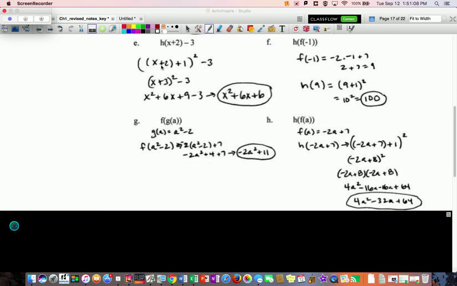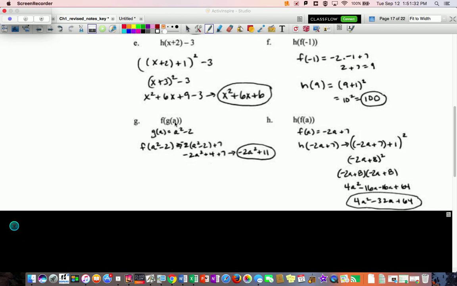So this x plus 2 only replaces the x. Then you end up with this x plus 3. If you square it, box or FOIL method, you get x squared, 6x, and 9. Then you finally subtract 3, and this is your final answer. Here you should be able to put the negative 1 in for f. Whatever you get there, you're going to put it into h. You should get an output of 100.